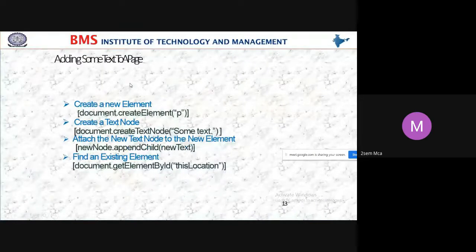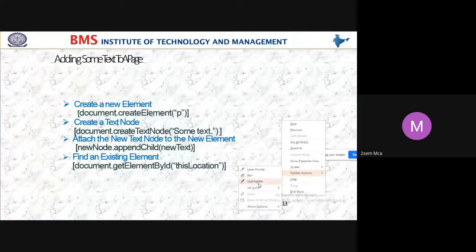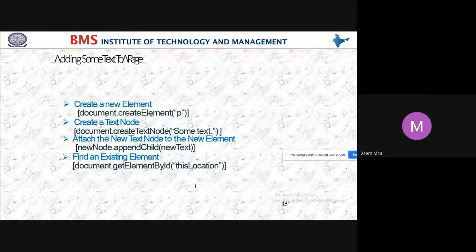So here we have some of the text which we add in the document. Create a new element, create a text node, find an existing element. So here, students, when you want to create a new element, we write like this: document.createElement.